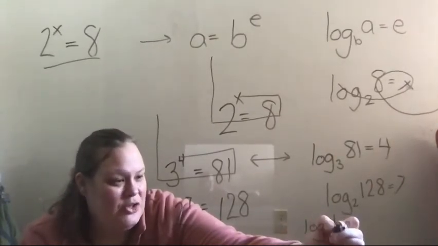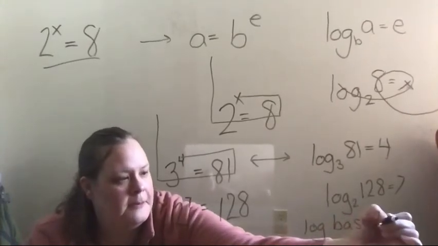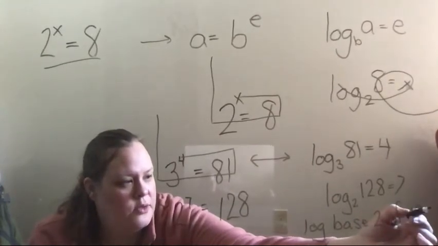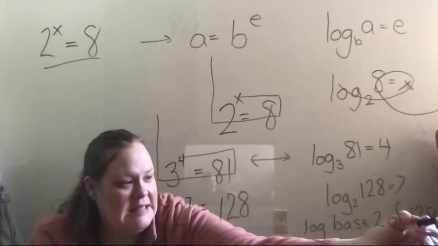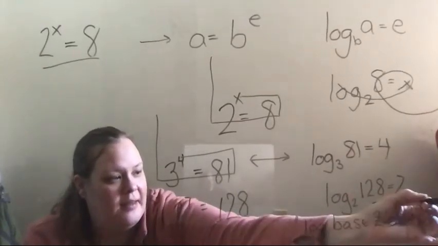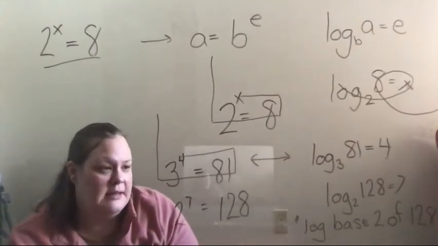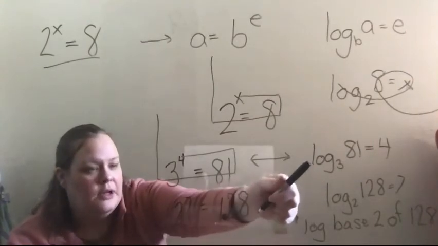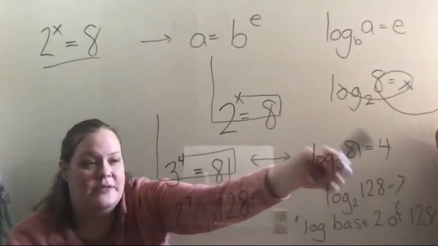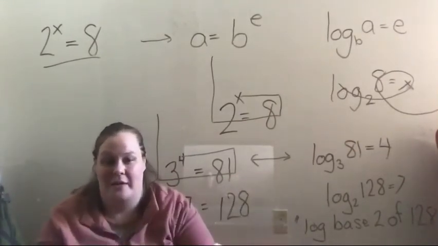Log base 2 of 128 is 7. And so that's how we would read that logarithm, right? Log base 2 of 128 is 7. Log base 3 of 81 is 4. Okay, so we have to be able to go from exponents to logarithms.